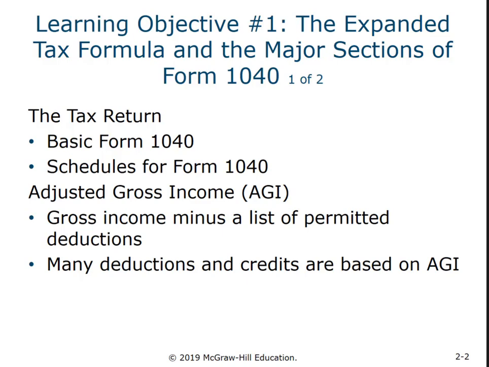So if you have higher AGI, you're going to have a lower amount of your medical expenses that are deductible for an itemized deduction. That's just one example. There are lots of them in the tax law, so it's an intermediary calculation that becomes pretty important.